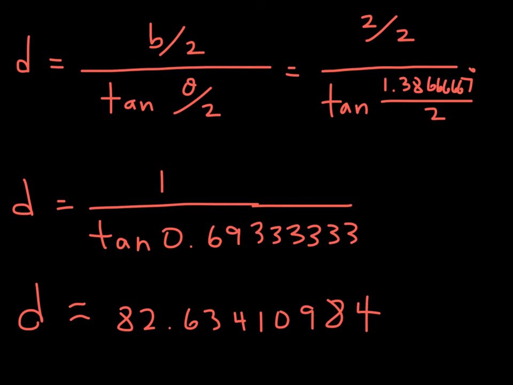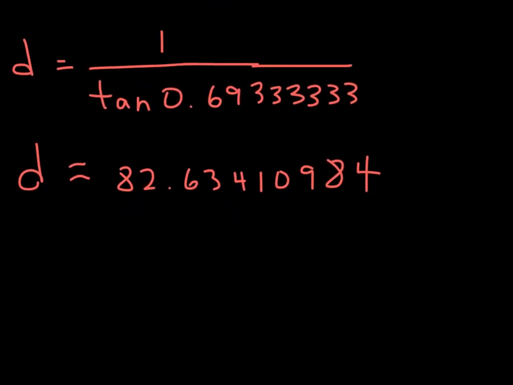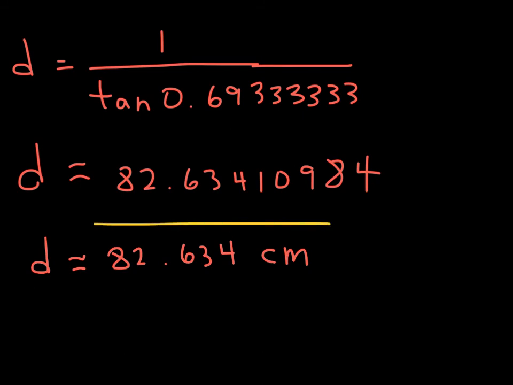So 1, 2, 3, 4, 5. That's where I'm going to stop, rounding right here. So my final answer will be that D is about 82.634 centimeters. Okay, everybody?